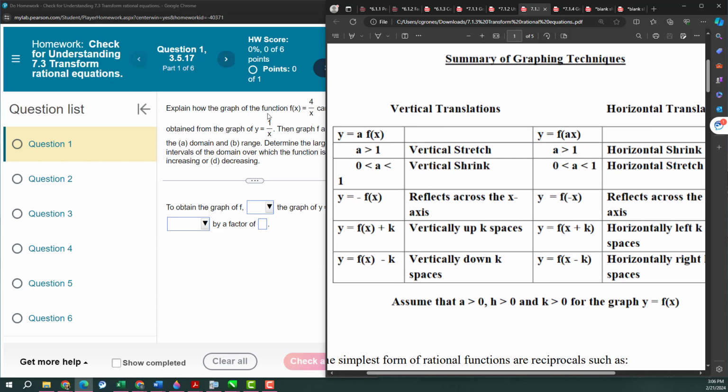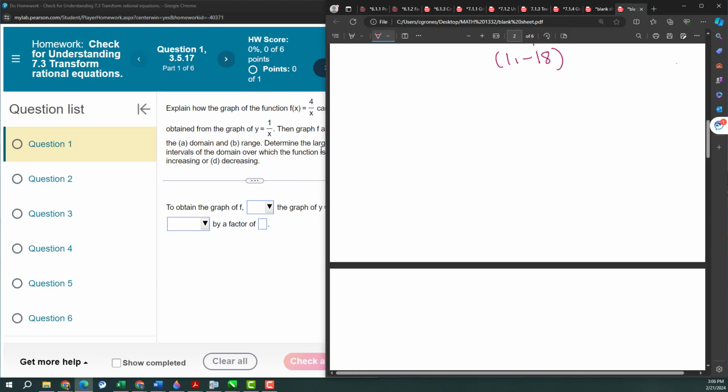So if we have our parent graph is y equals 1 over x. And the function that we're looking at is f of x equals 4 over x. So this is 7.3, number 1. f of x equals 4 over x. So this can also be written, if you want it to be very similar to your parent graph, as 4 times 1 over x. So in this case, 4 is going to be our a.